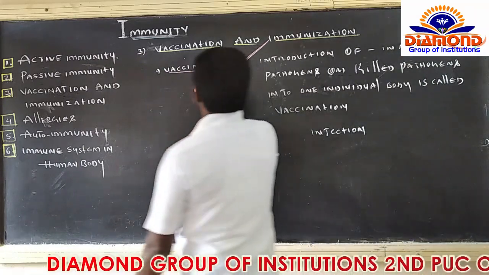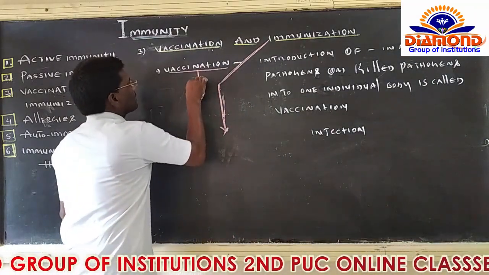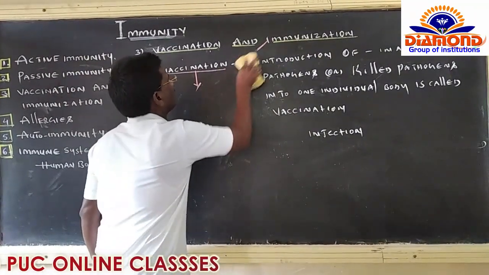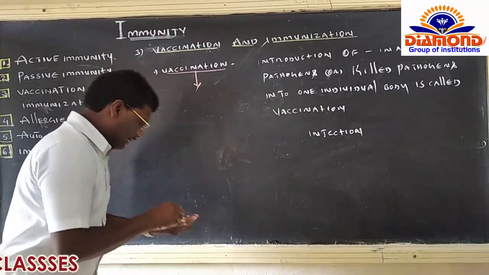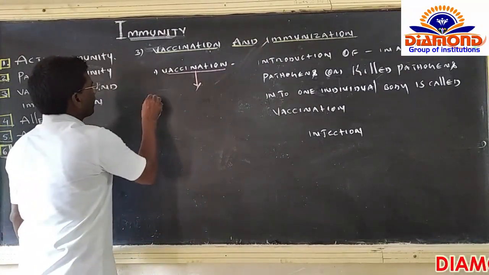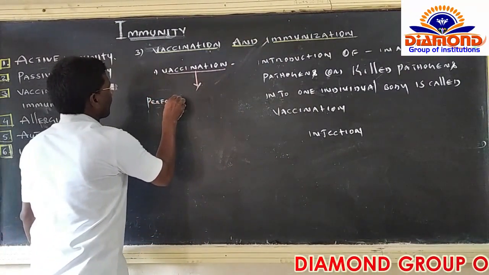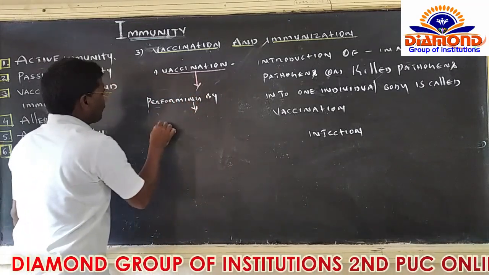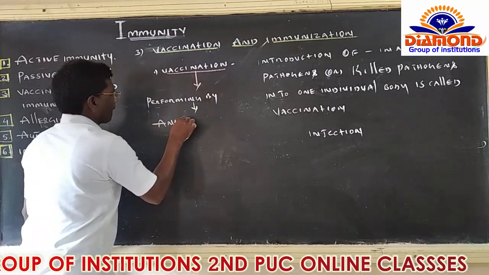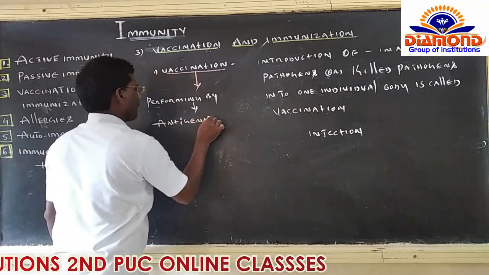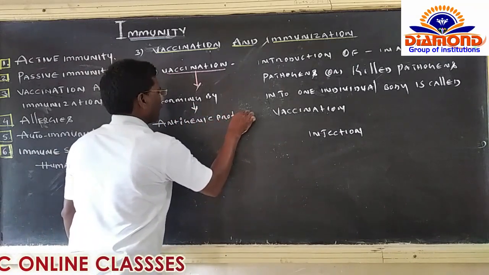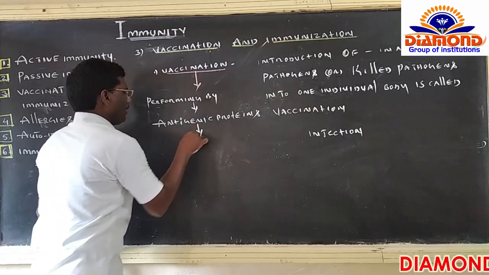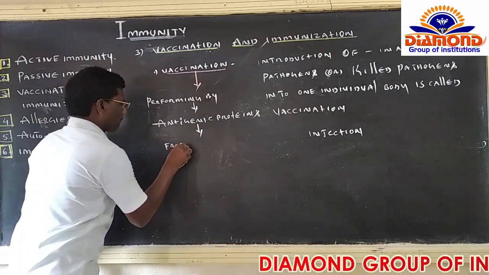Now have a look here. Once again, I would like to come to vaccination. Regarding vaccination, what process is going on? In vaccination, they are performing by antigenic proteins, antigenic proteins from pathogens.